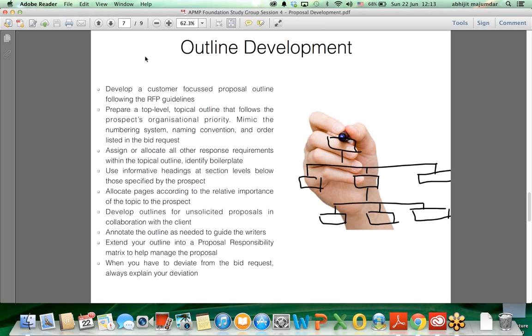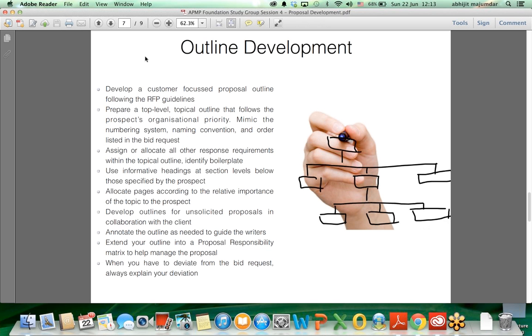So the proposal outline development focuses on the structure and the searchability of the information, the accessibility of the information, and the navigation of the information within the proposal. The outline of the proposal is nothing but the table of contents of your proposal. Now, to develop the outline of your proposal, always keep the evaluator in mind.